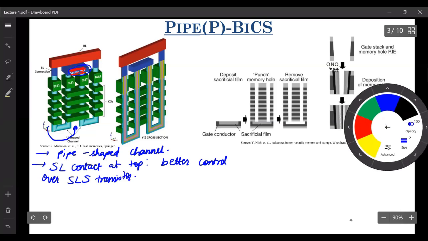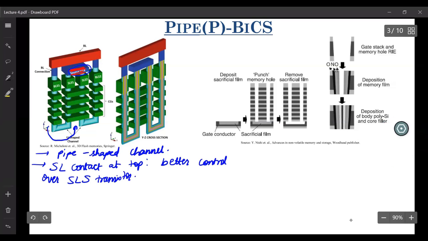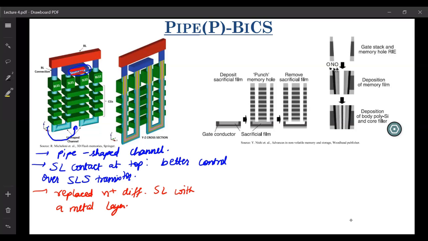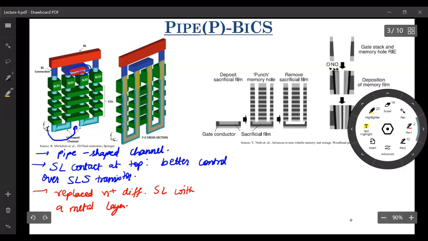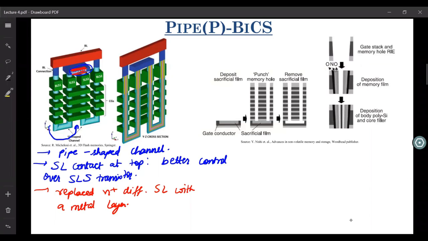And instead of using an N plus diffusion, they also replaced the N plus diffused common source line with a metal layer. So on top, you can actually use metal layers, and this leads to a reduced series resistance. And this allows you the fabrication process of P-BiCS.